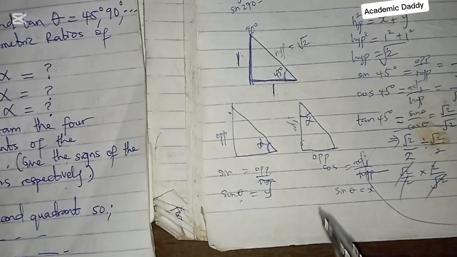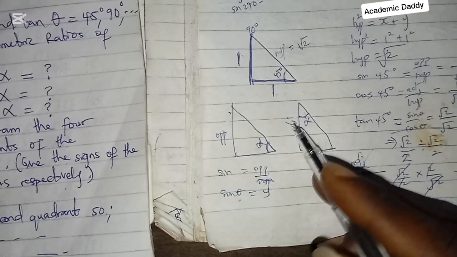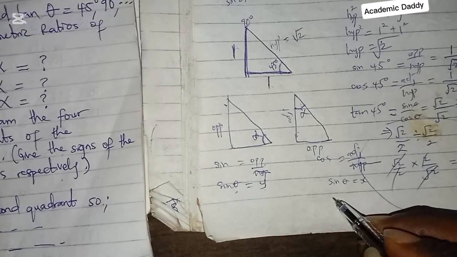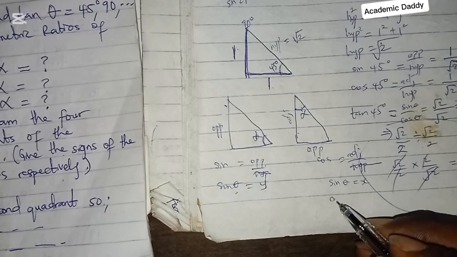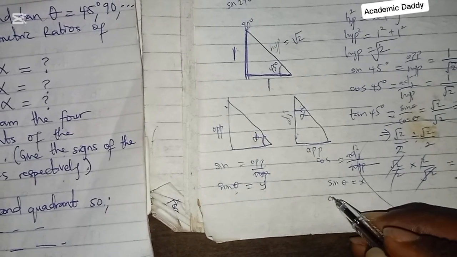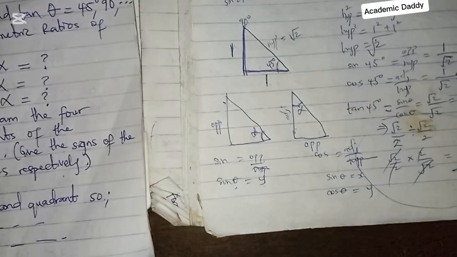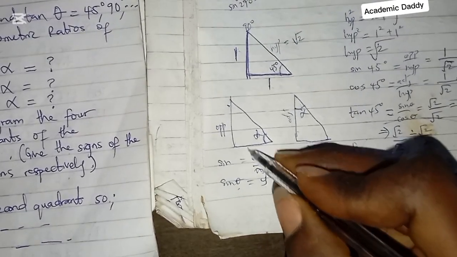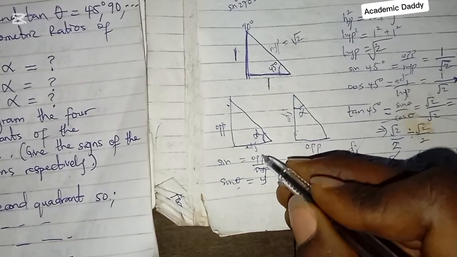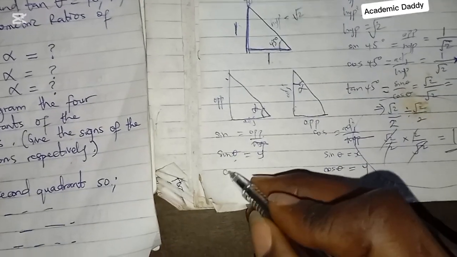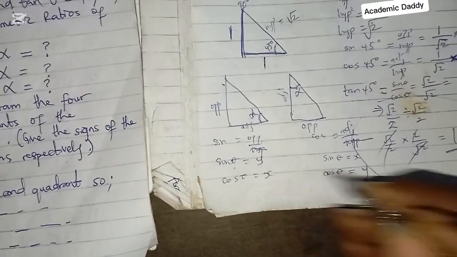So if this is the adjacent now, notice that this adjacent is on the y-axis, is it not? And cos is the one that has to do with adjacent. So it means that cos theta is equal to the y-axis in this case. And here, this side is the adjacent, is it not true? This side is the adjacent here, and this is the x-axis. So cos theta here is equal to the x-axis.